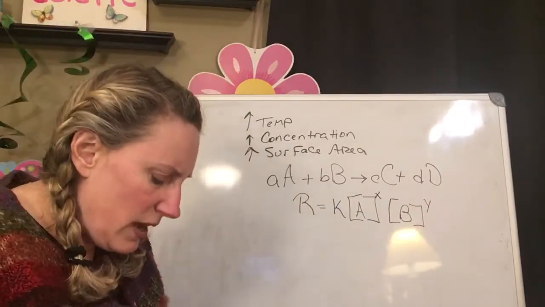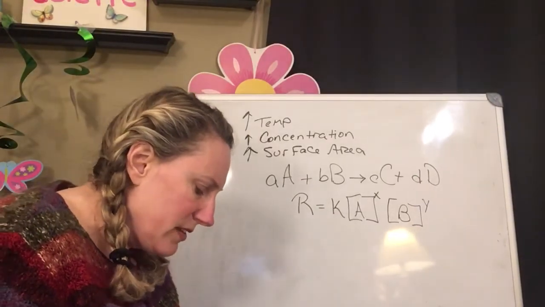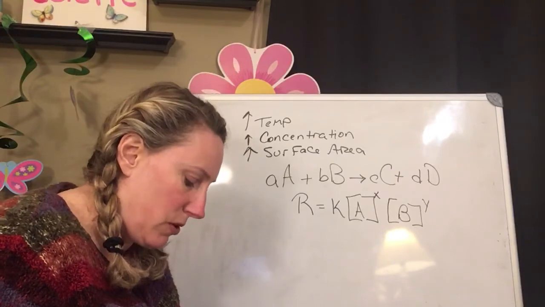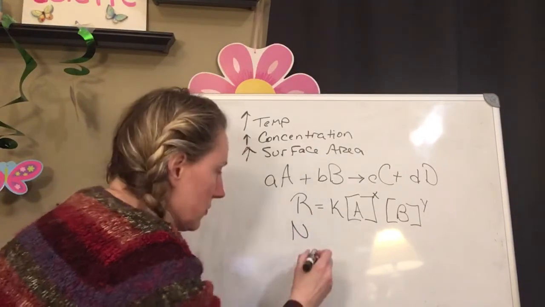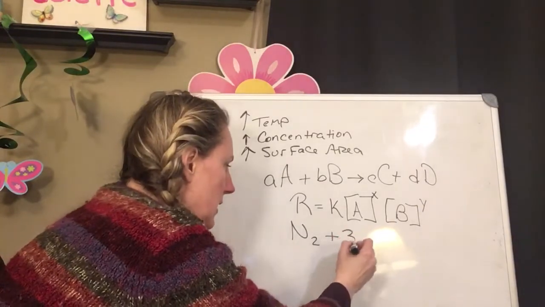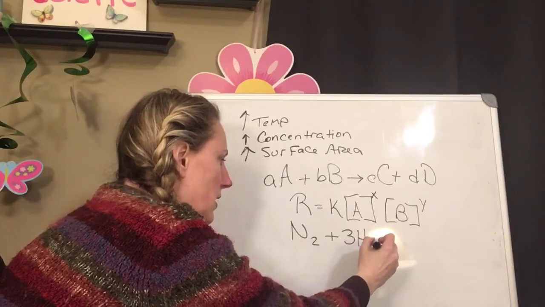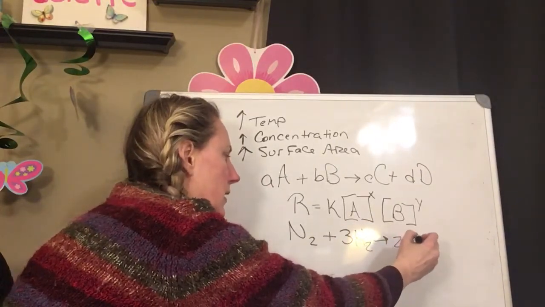But let's just look at example 14.1 on page 465. It says write the rate equation for the following chemical reaction. And our chemical reaction is N2 plus 3H2 turns into 2NH3.